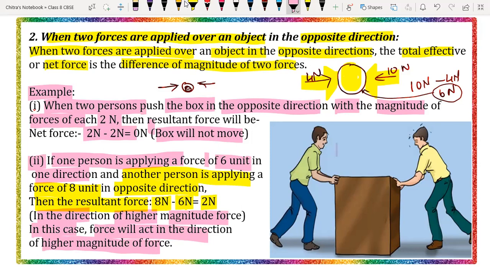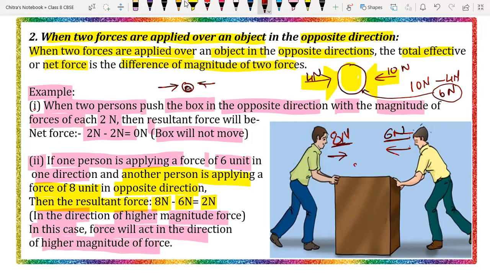Let me change the color. Suppose this person is applying a force of 8 Newton in this direction, and this person is applying a force of 6 Newton from this direction. So that person has more magnitude compared to the other.